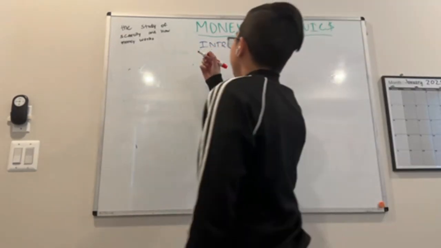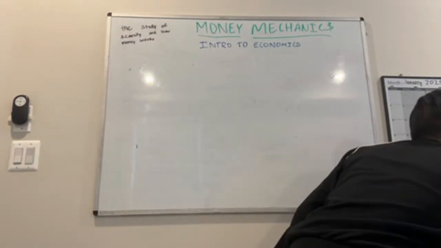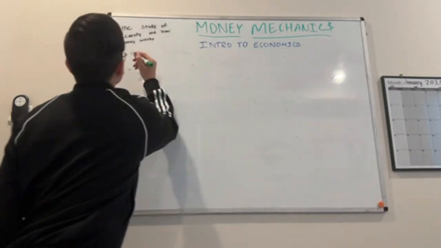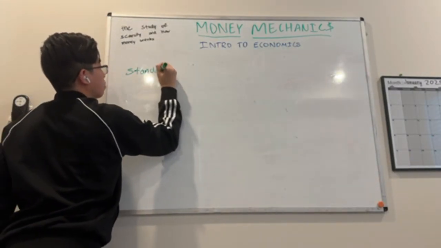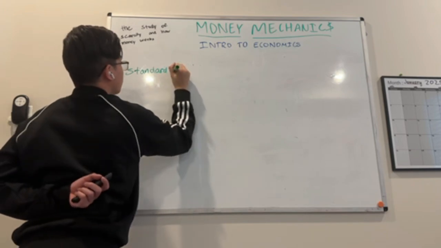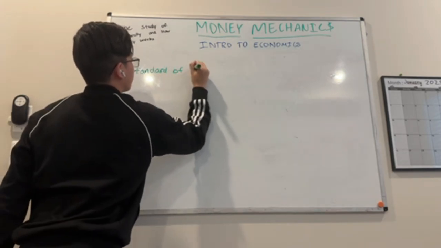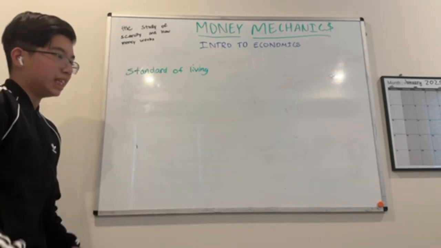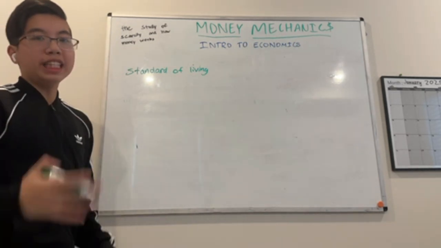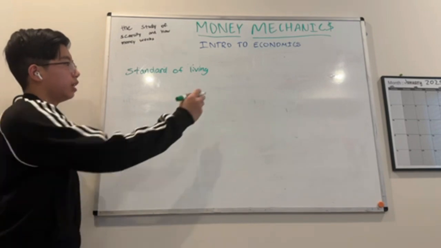Now, the standard of living. The standard of living is the average income each person produces every year.